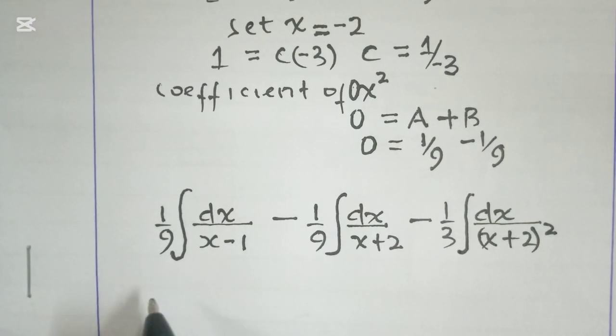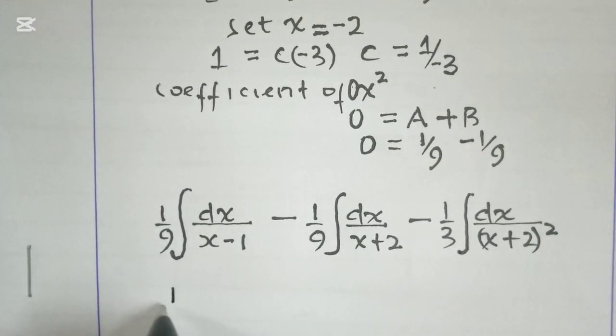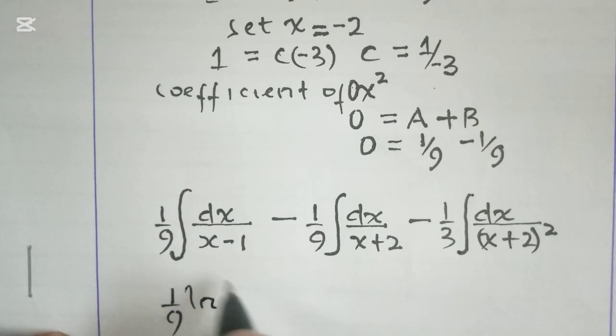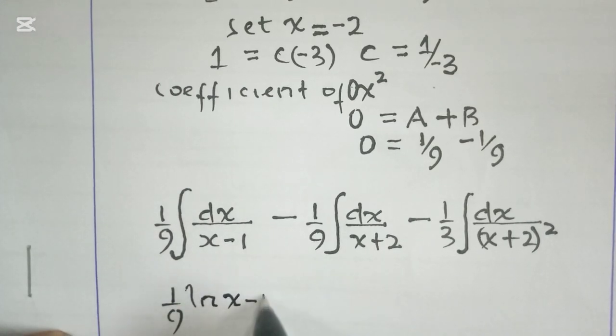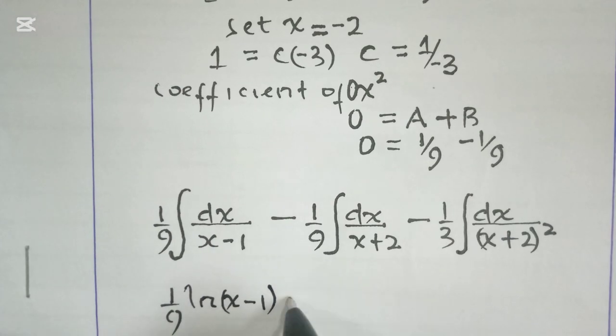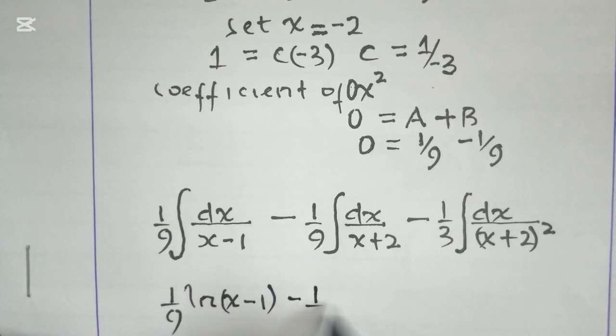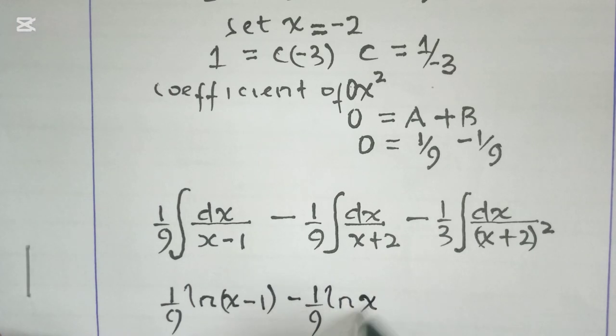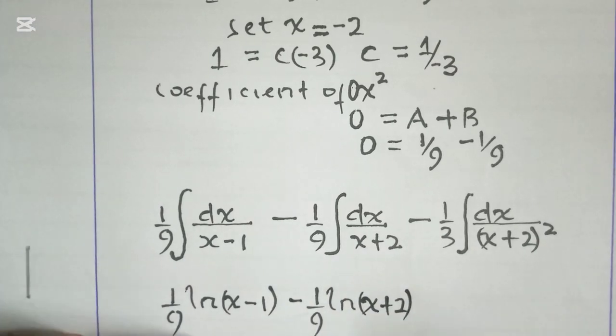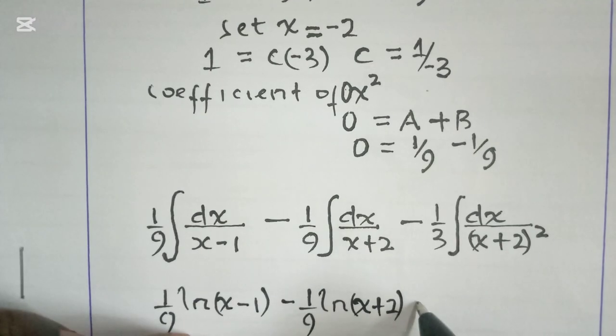So when we do that, guys, here we are going to have 1 over 9. This one usually is ln x minus 1. This other one is still ln x plus 2. And finally we have negative.